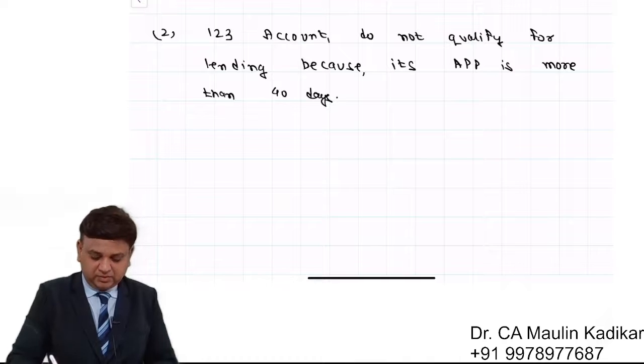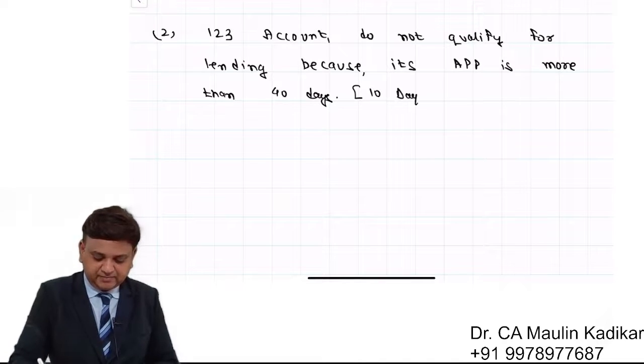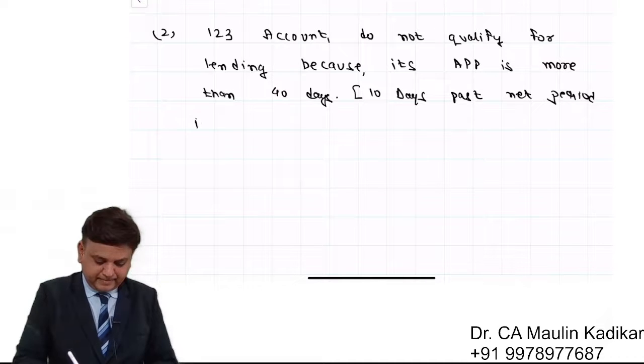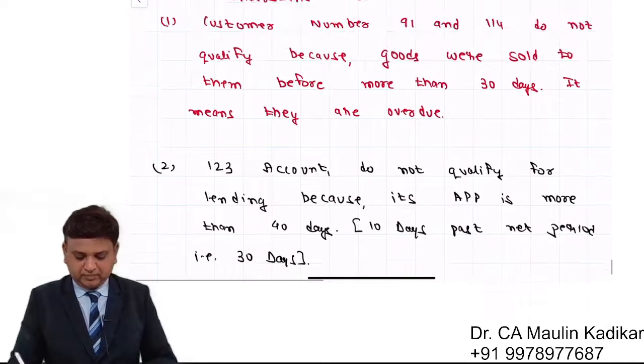Full stop. In bracket write down 10 days past net period, that is 30 days. Write down the answer.